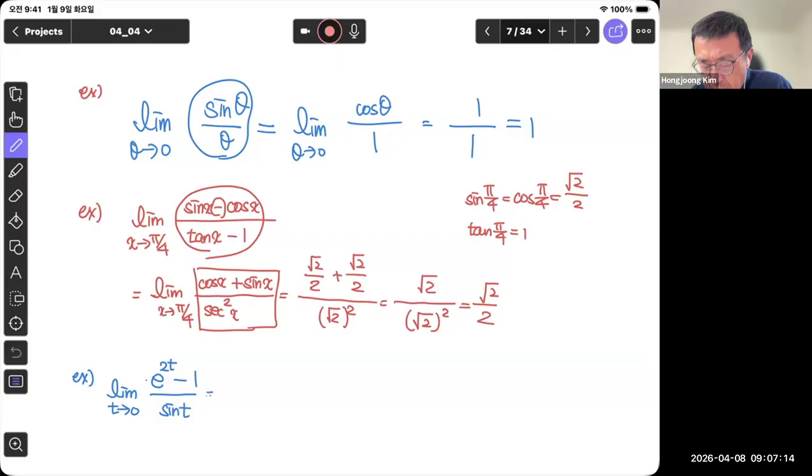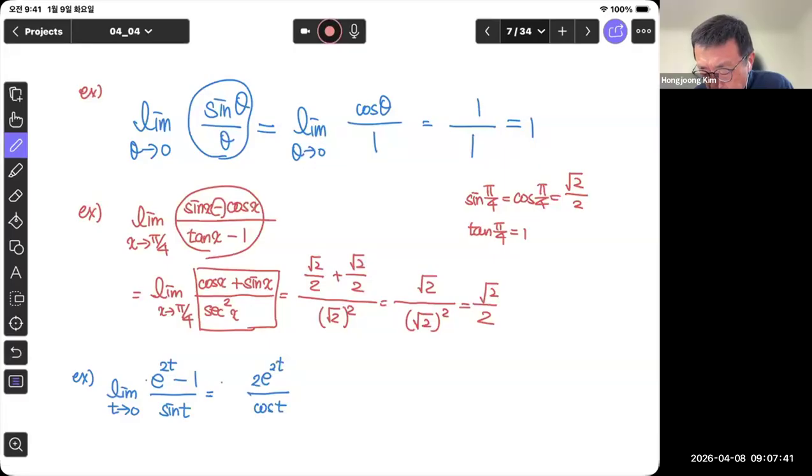If I differentiate the numerator, what do I get? When I differentiate the exponential function, you get 2 times e to the 2t by the chain rule. When I differentiate minus 1, you get 0. That is the derivative of the numerator. If I differentiate sine t, you get cosine.